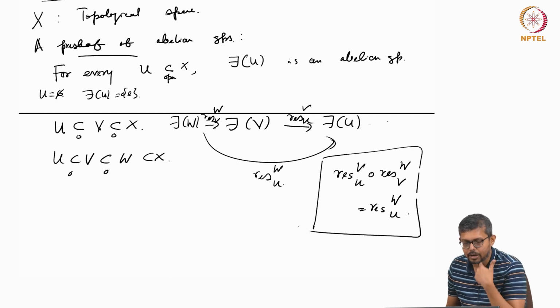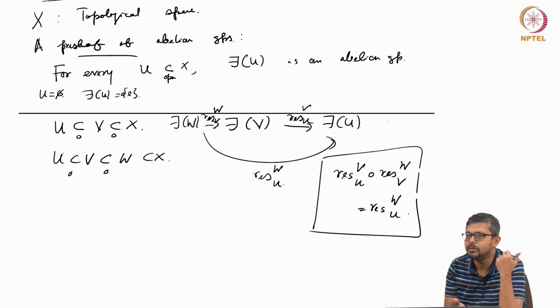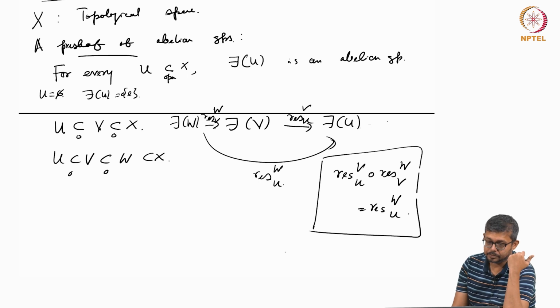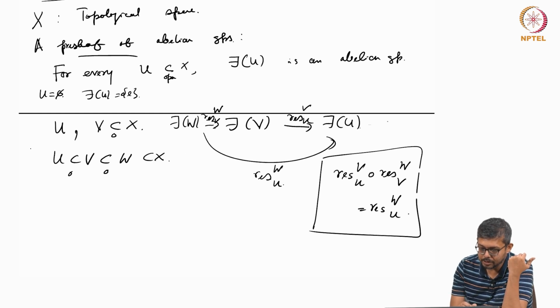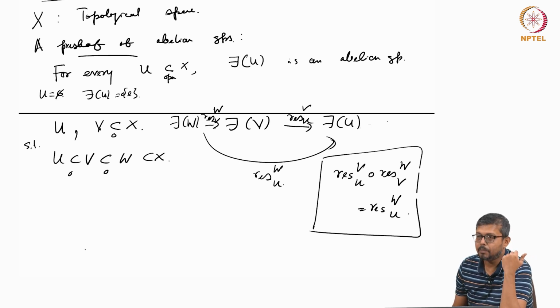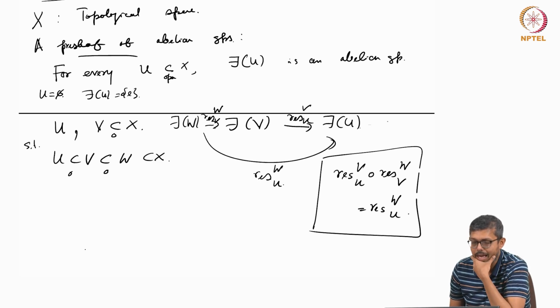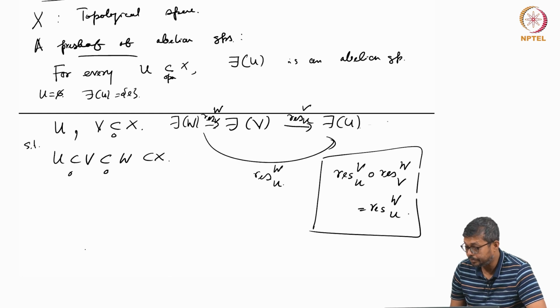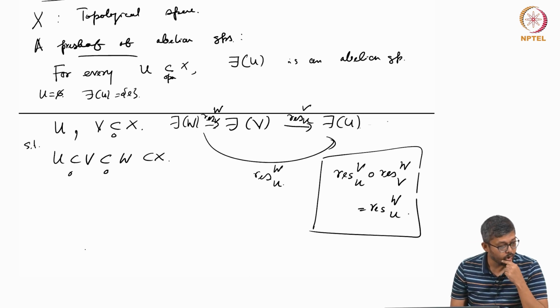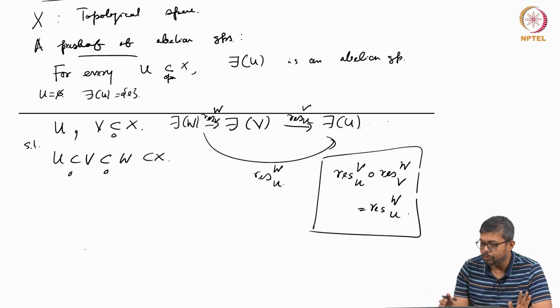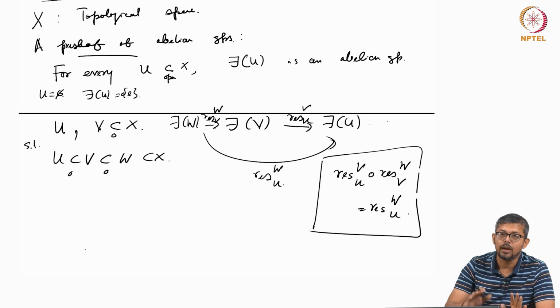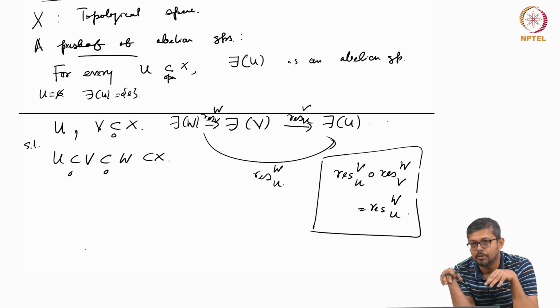Or you can think that U and V are open subsets of X, U is a subset of V. The point is that for every open set you associate an abelian group, and if you have an open subset of it, then you have a restriction map.